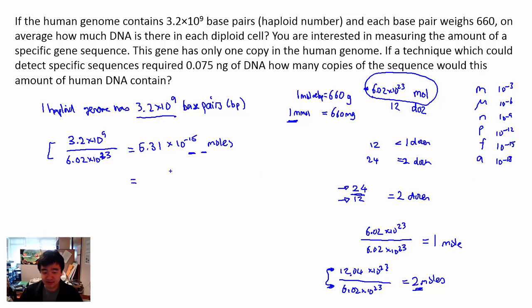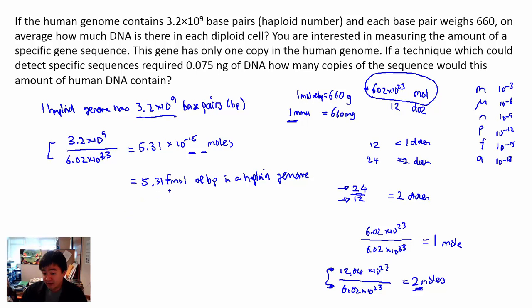So over here, 10 to the minus 15, this means it is 5.31 femtomoles. Okay, so this is 5.31 femtomoles of base pairs in a haploid genome.